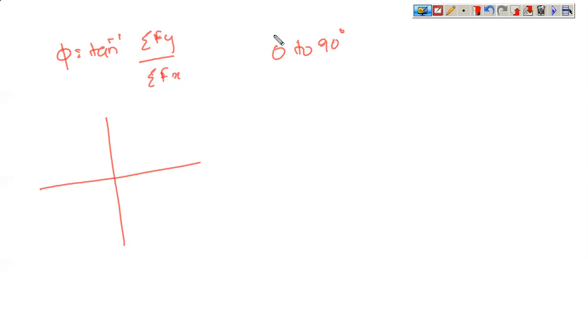So how is it done? Let us say the answer comes out to be 40 degree. Let us say that phi is 40 degree. So then you have four possible options.